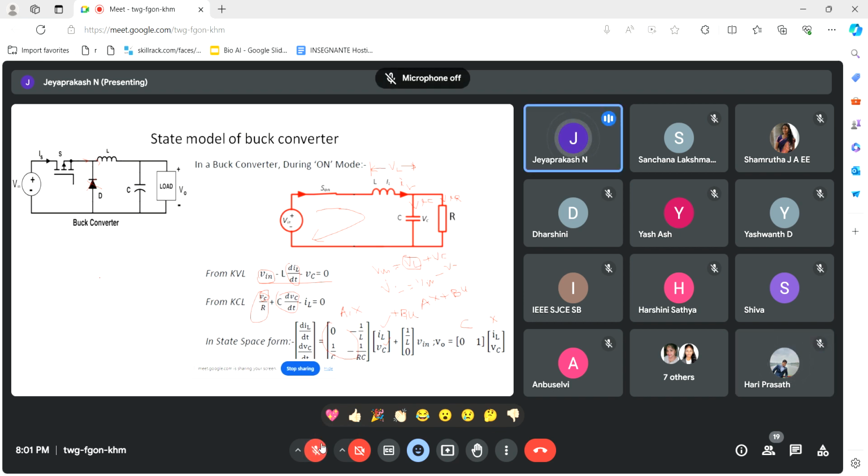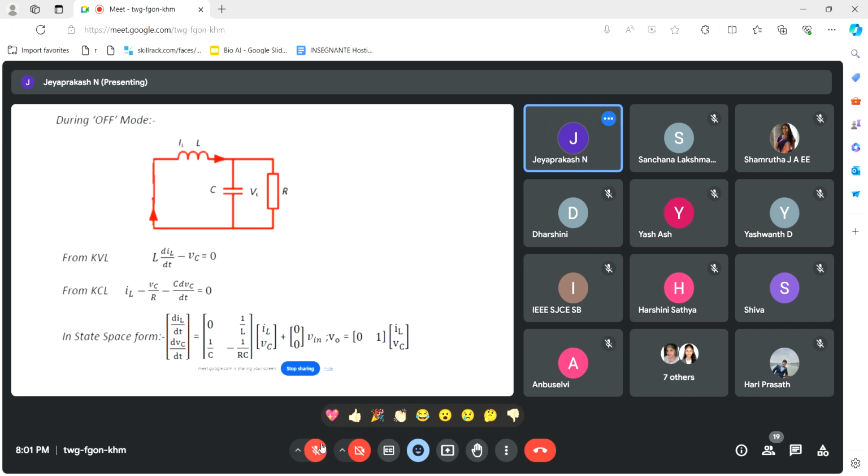Okay. Next we move on to the switch off period. Now the MOSFET will be off, which means the supply is not connected to the load. Only during the switch on period the inductor will be charged up to Vin. This charged voltage is going to discharge in the switch off period.